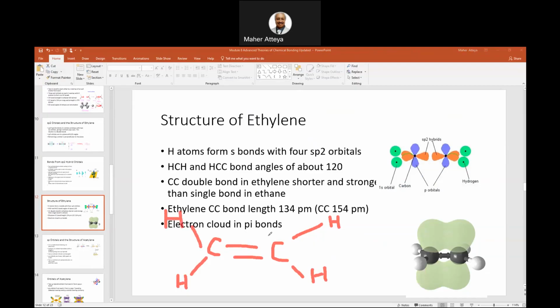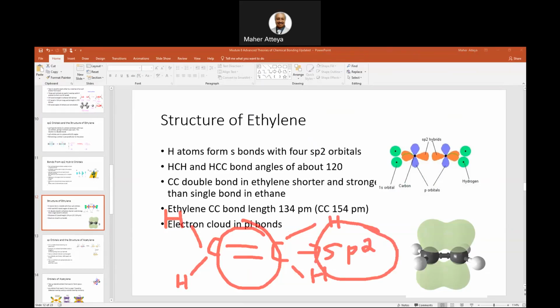What's the hybridization? Since it's a double bond, it has to be sp2. If you have a double bond, you have to have sp2. That's a must. So your answer in the multiple choices, when they ask, has to be sp2, correct?